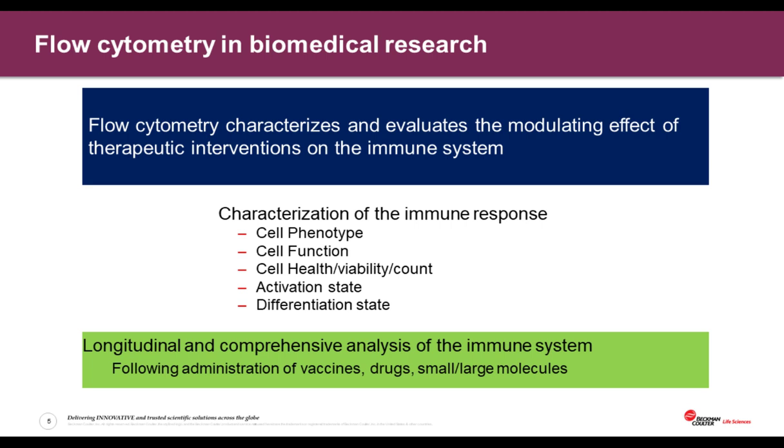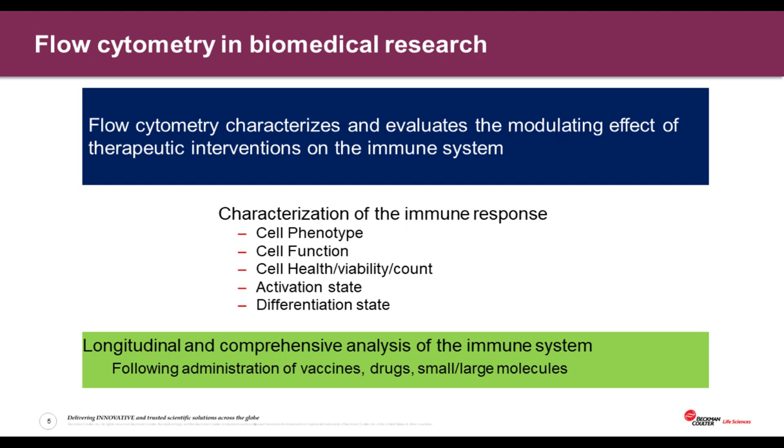If we're looking at specific therapies, we're going to analyze and assess cells based on their phenotype, function, health, as well as viability, and in terms of activation and differentiation of these therapies, how they translate on a cell-based level to identify potential biomarkers in longitudinal studies and a comprehensive analysis of the immune system.